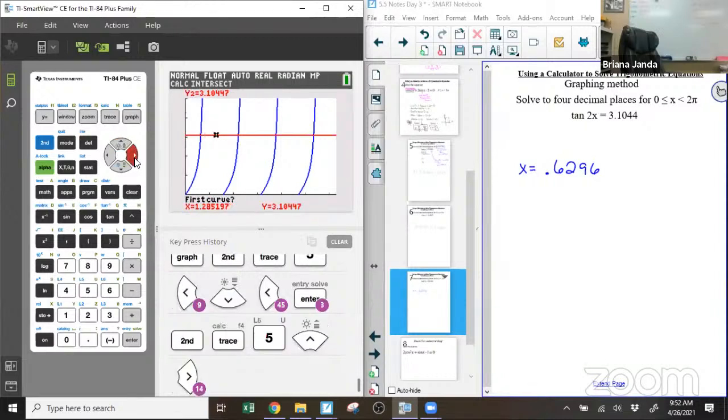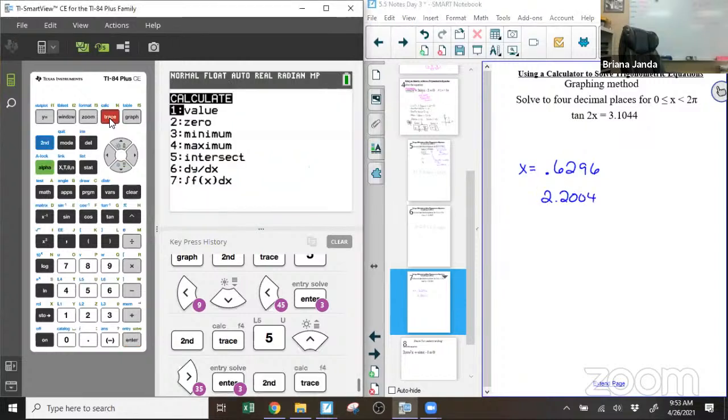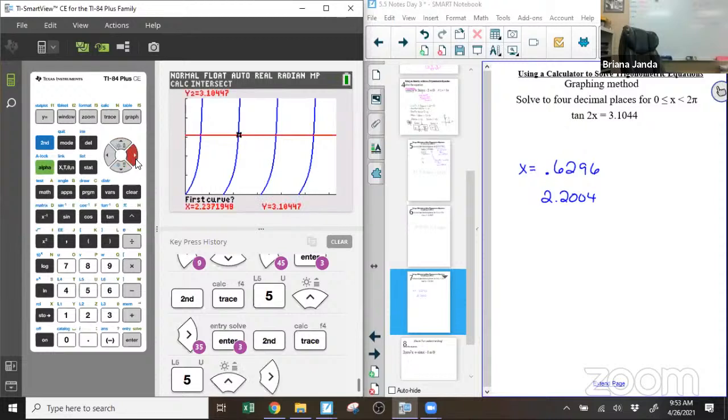Jump up to that horizontal line, move closer to your next point of intersection. Enter, enter, enter. 2.2004. If you do not move up to this, you can get there.